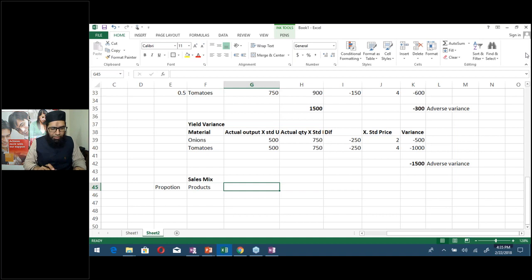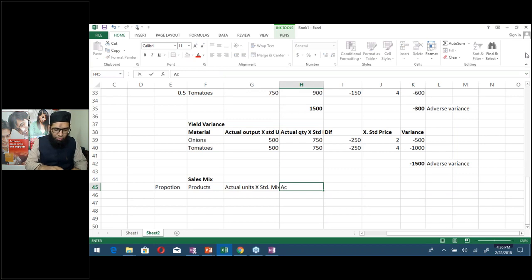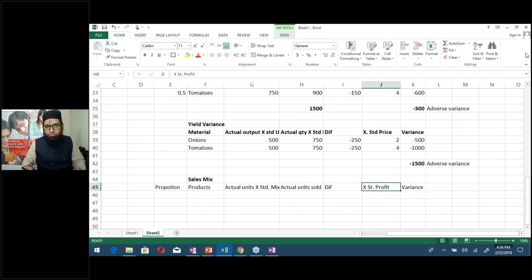Then we have actual units into standard mix, then actual units sold, then the difference multiplied by the standard profit, and finally the variance. Let's make it bold.